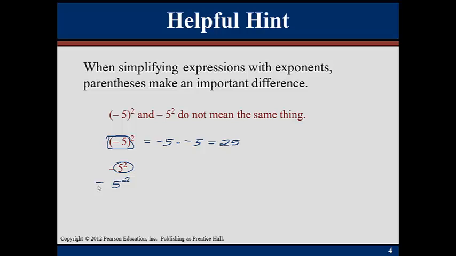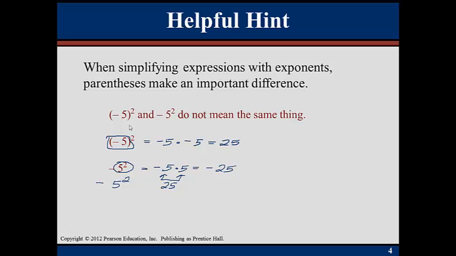So the negative is not being squared, just the 5. So remember, the negative stays out front, and then we have 5 times 5, which is 25. Multiply the 5's together, that is how you get 25. And then don't forget the negative is out front. That's how you get -25.